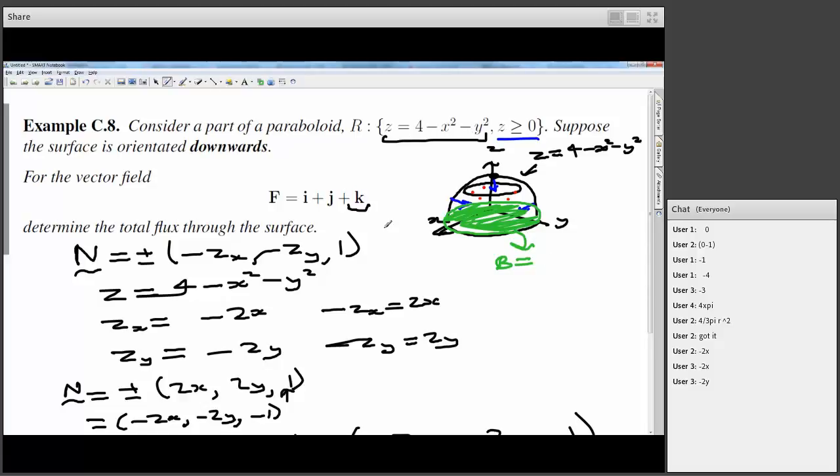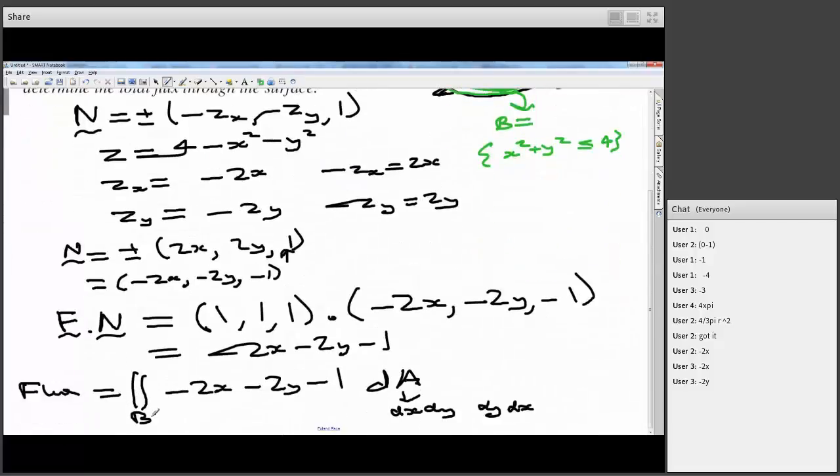So that's the outside of it. So the base here really is x squared plus y squared is less than or equal to 4. The base here is a disk, so integrating over a bit of a circle, really, of this particular thing. So it's a double integral integrating over a circle.